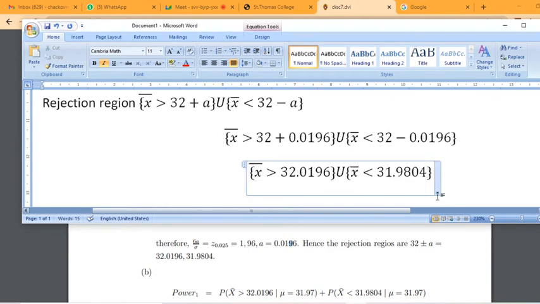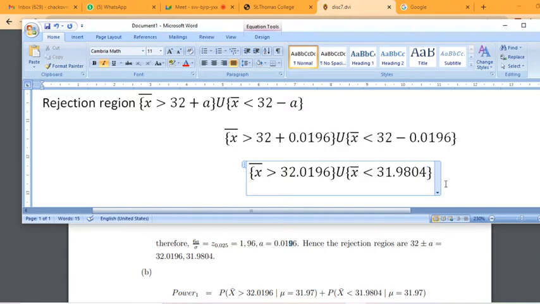Okay, so this is the rejection region. So we have identified the rejection region.